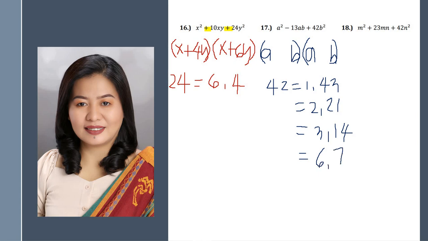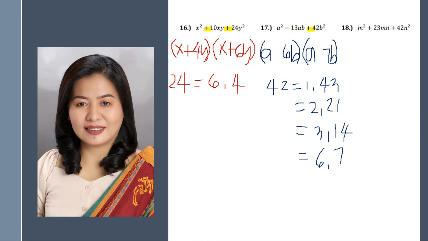As you write down the factors, you will also have to start asking yourself if the sum will already give you the middle term. So 6 and 7, will that give us a sum of 13? The answer is yes. So we'll just write in 6 and 7. And then look at the last term.